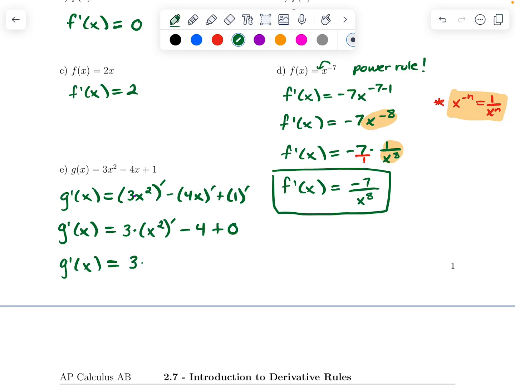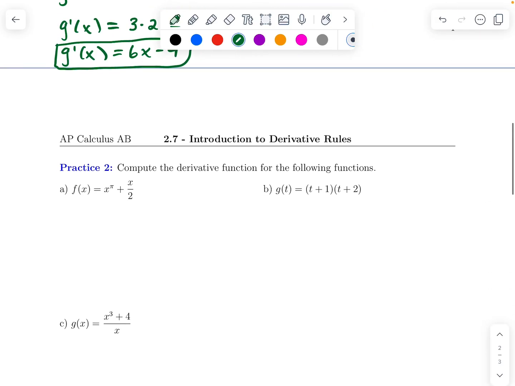And so this should be 3 times 2x minus 4, which is equivalent to 6x minus 4. Okay, and so just so you know, when I brought down that 2, it was to the 2 minus 1, so that exponent didn't go away. So you don't want to forget to subtract 1 from the exponent. I just simplified it to the first power, 2x to the first, but that's just the same as 2x. Okay.